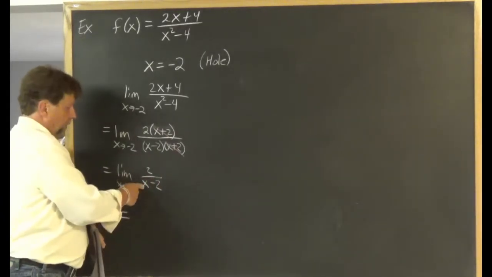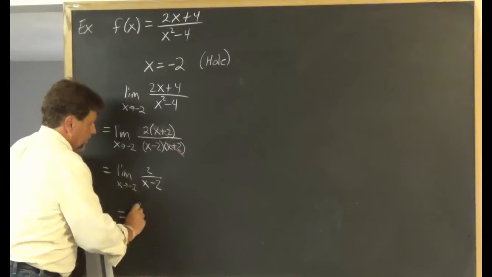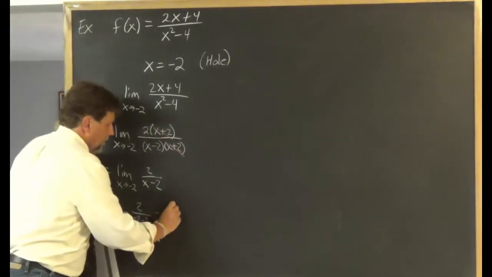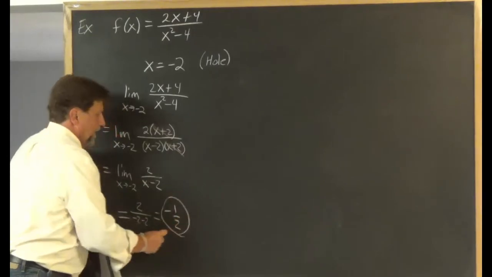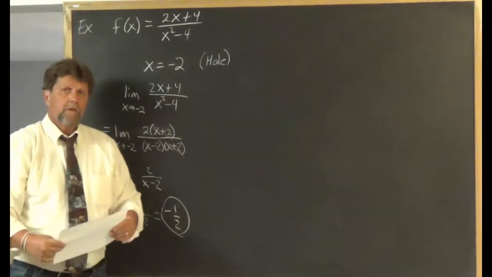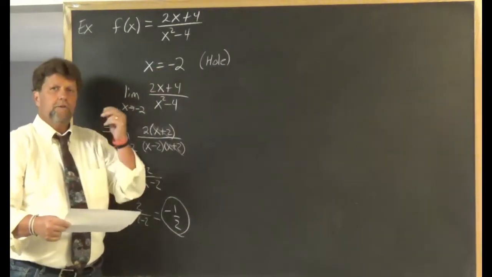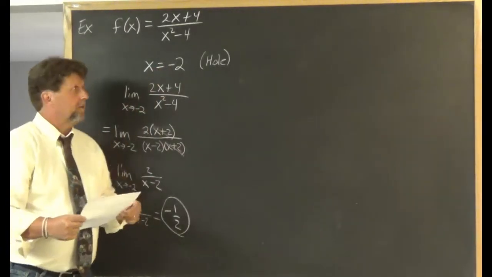We substitute, we get 2 over negative 2 minus 2. That's 2 over negative 4, negative 1/2. So the limit is negative 1/2. X equals negative 2 is producing a hole in the graph.